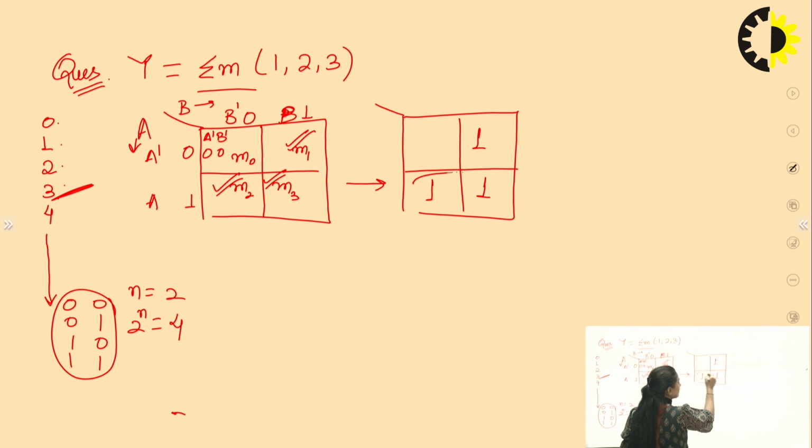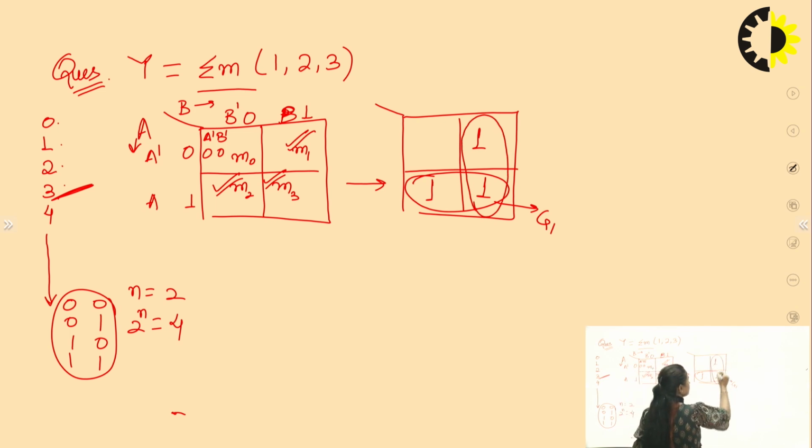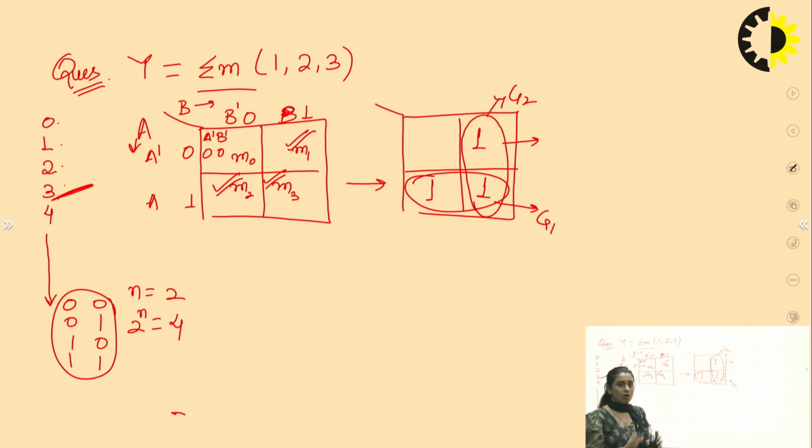These two can be paired together and I'll name it as group 1. But here I'm left with one single one. So to include that in a pair, I can use one of the ones from this group. And this way I can make another group which I name as group 2. So are all ones covered?